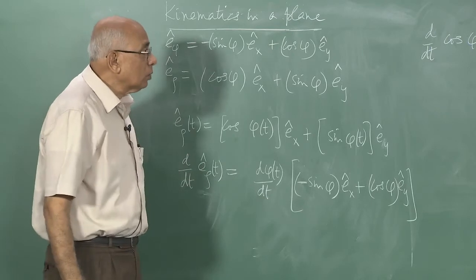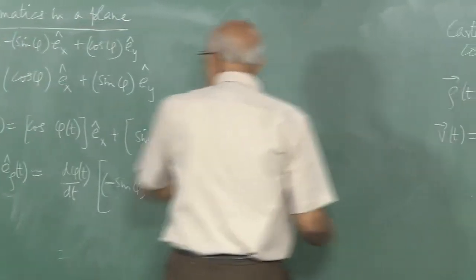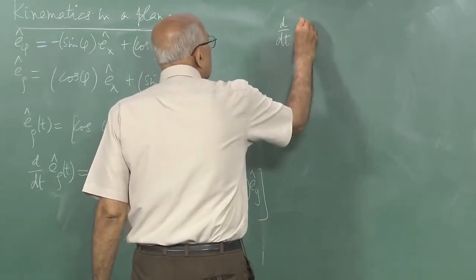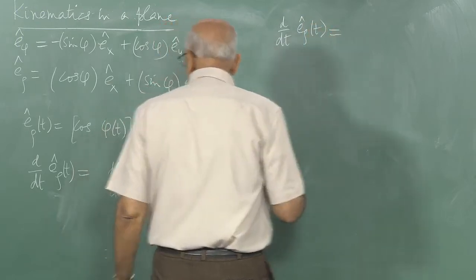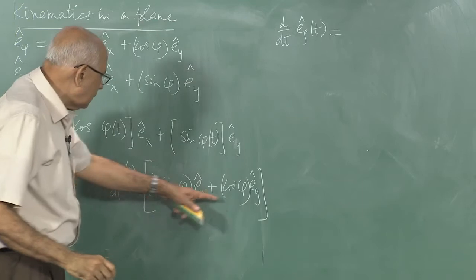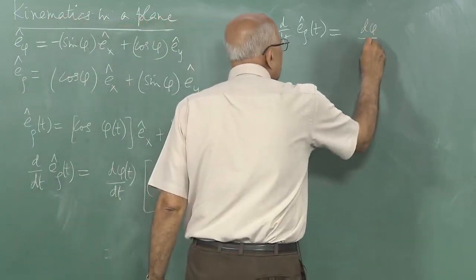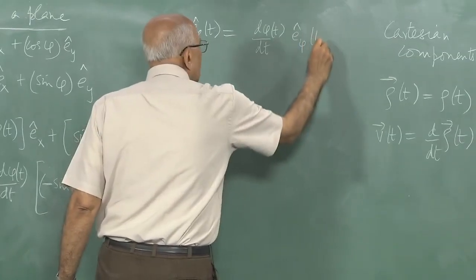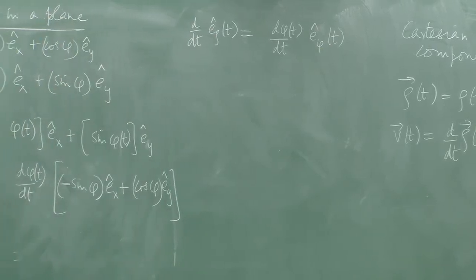So we have a very useful formula which says d over dt of the unit vector in the radial direction as a function of time in general is equal to this quantity here, and that is E phi. So we have d phi over dt times E phi, which is of course a function of time. A very useful formula indeed.